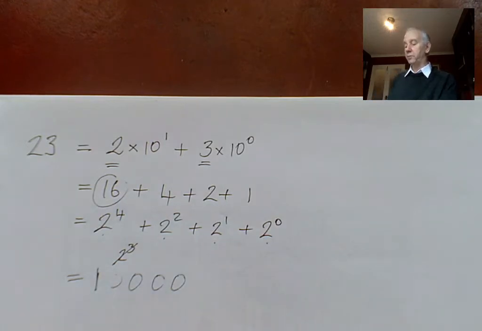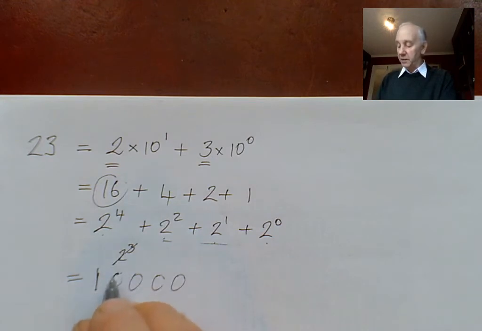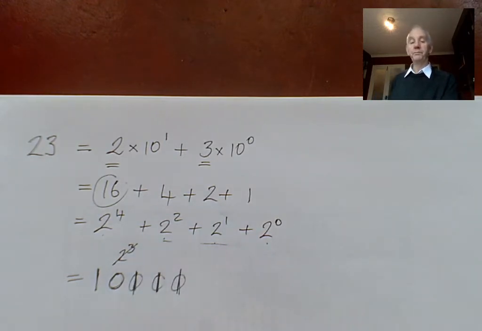If you have 2 to the power k, you need a 1 with k zeros in binary. But we haven't quite got that. We've got to add on this stuff here. That doesn't affect the second digit, so I can fill that in as a 0. But we've got 2 squared, so this becomes a 1, this becomes a 1, and this becomes a 1. So 23 expressed in binary is that number.